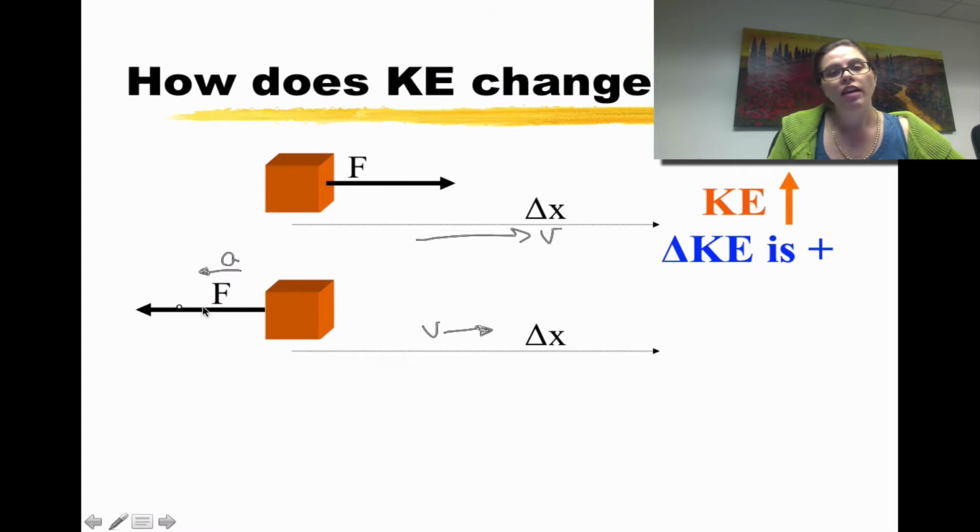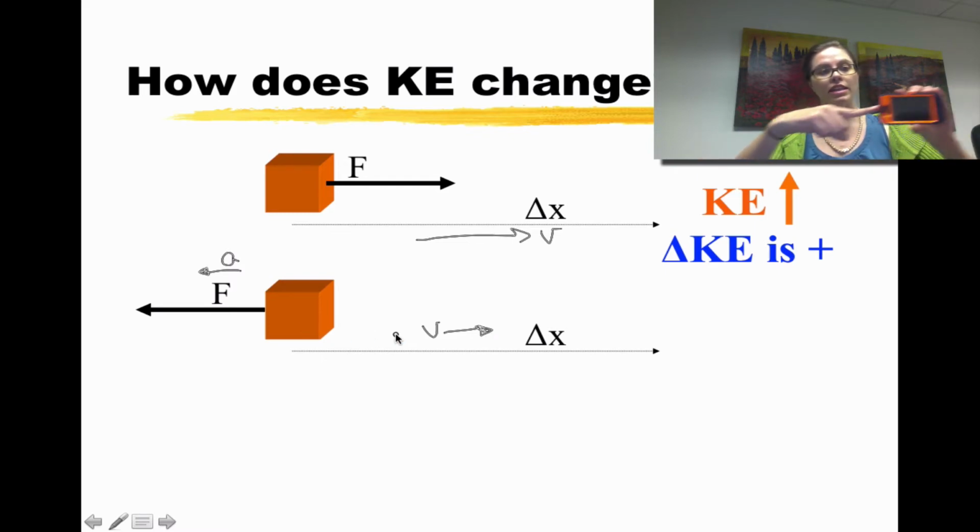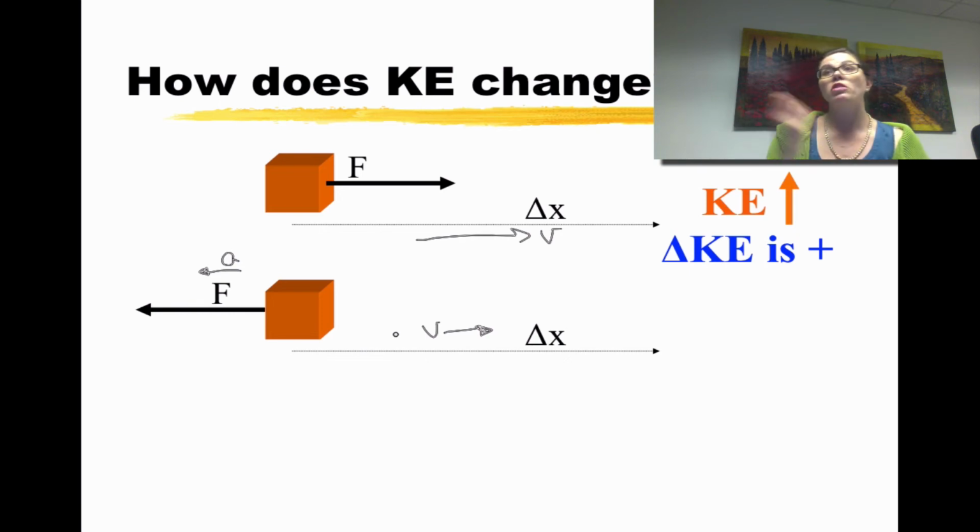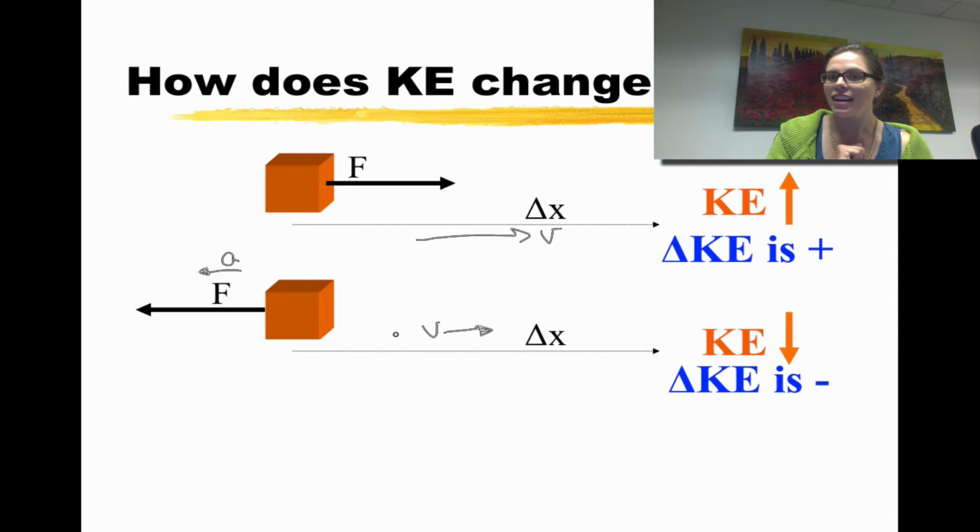So if velocity and acceleration are in opposite directions, the object must be slowing down. So if the object's slowing down, the kinetic energy will decrease because the velocity is getting smaller. And so the change in kinetic energy will be negative.